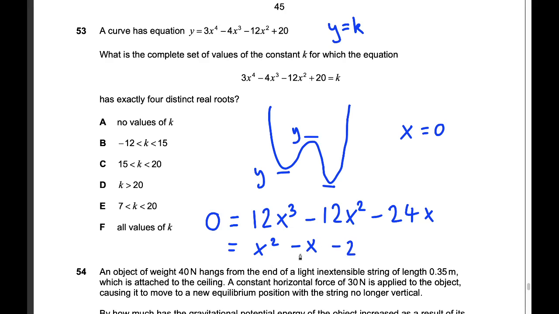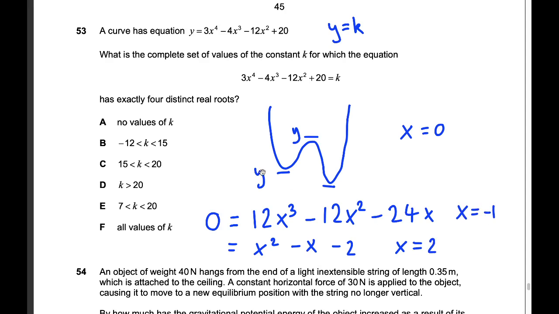So the other solutions are at x equals, I've got to solve this. So they add to minus 1, they multiply to minus 2, so that's going to be x minus 2, x plus 1. So the answers are going to be x equals 2 and x equals minus 1.